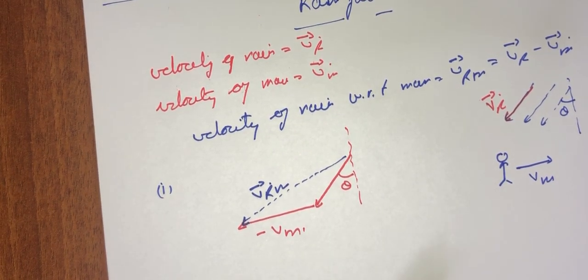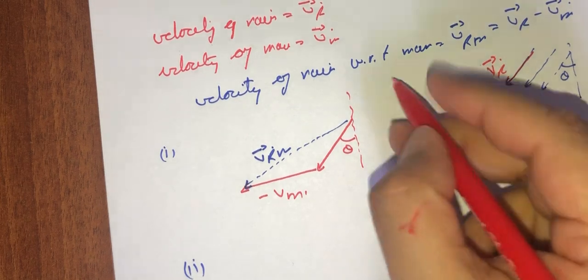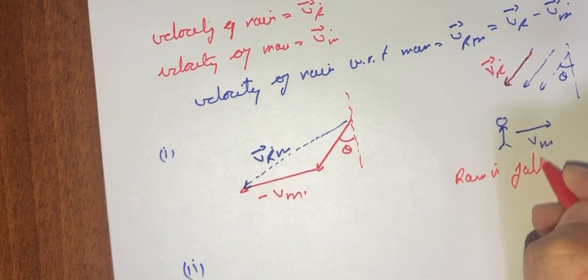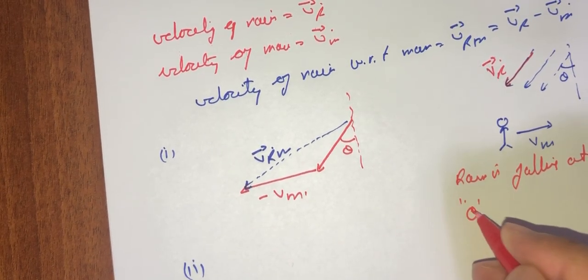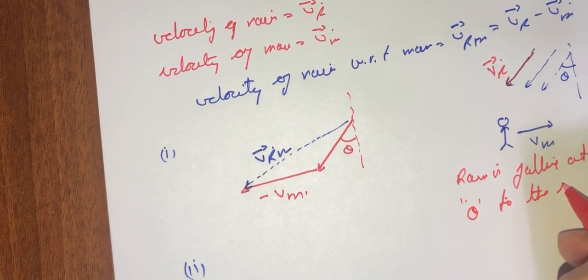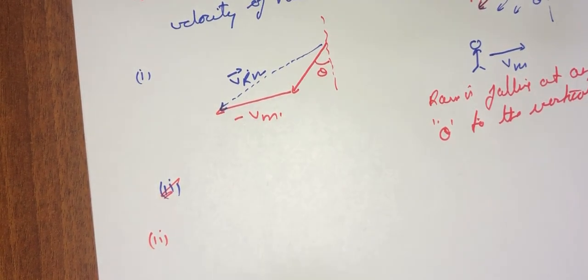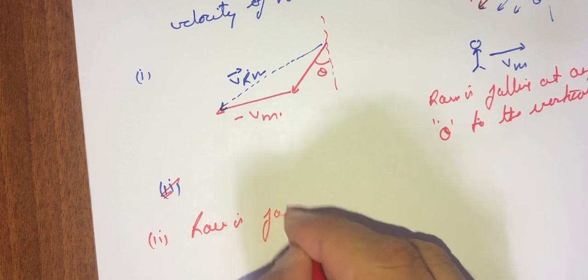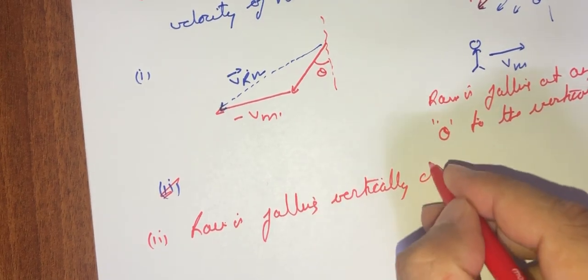In the second case, rain is falling vertically downward.